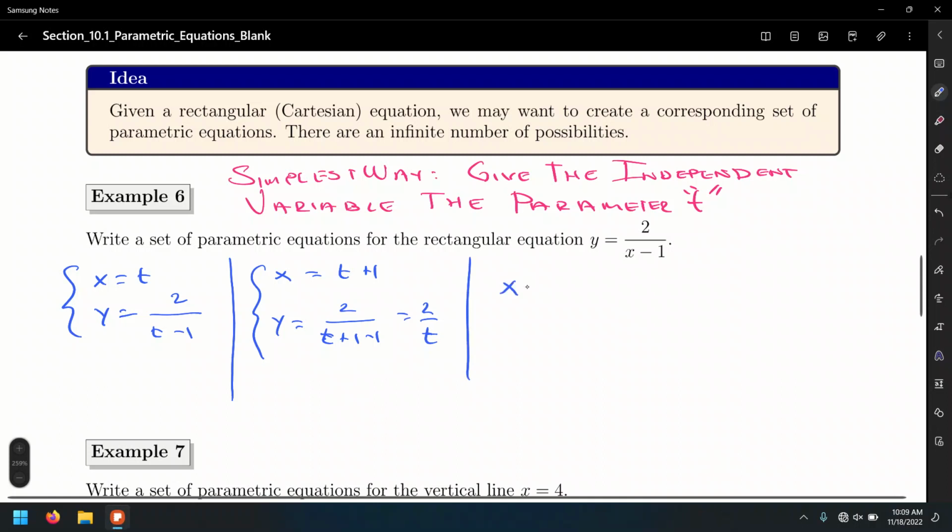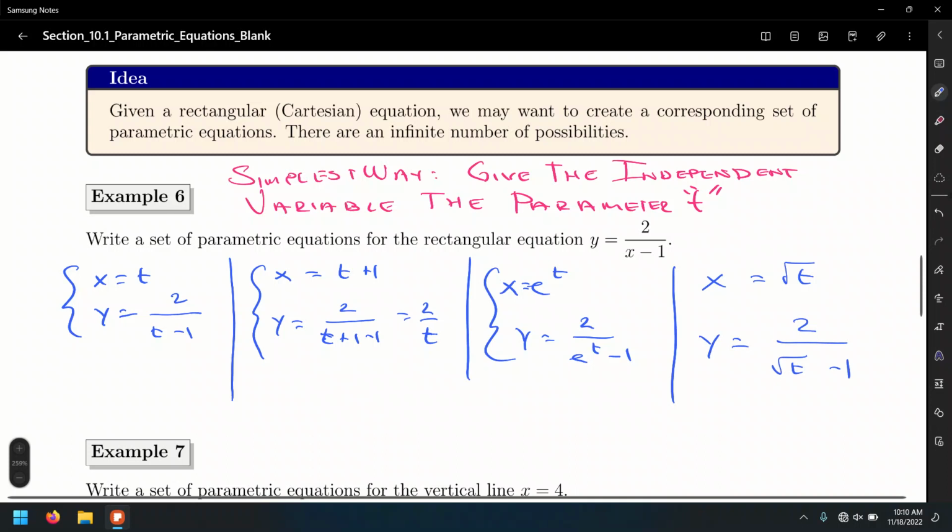How about x equals e to the t? You want to make it exponential? Why not? So y will be 2 over e to the t minus 1. And how about x equals the square root of t? Then y would be 2 over the square root of t minus 1.